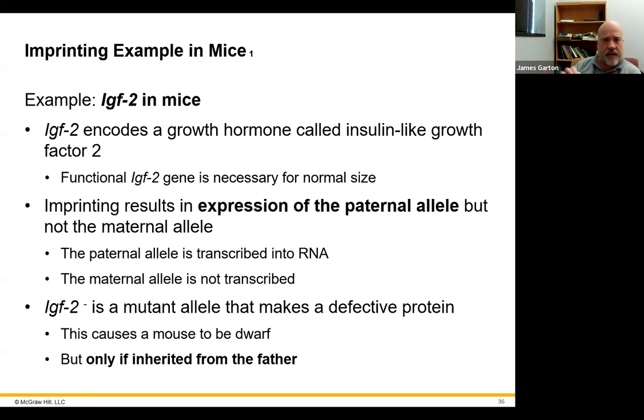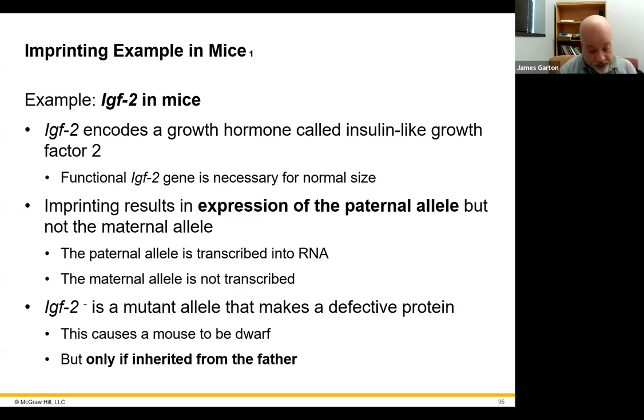There is an example in a lot of mammals. There is a gene that encodes a protein. It's called IGF-2, insulin-like growth factor 2. A functional version of this gene is necessary for normal size in the mammal that has it.